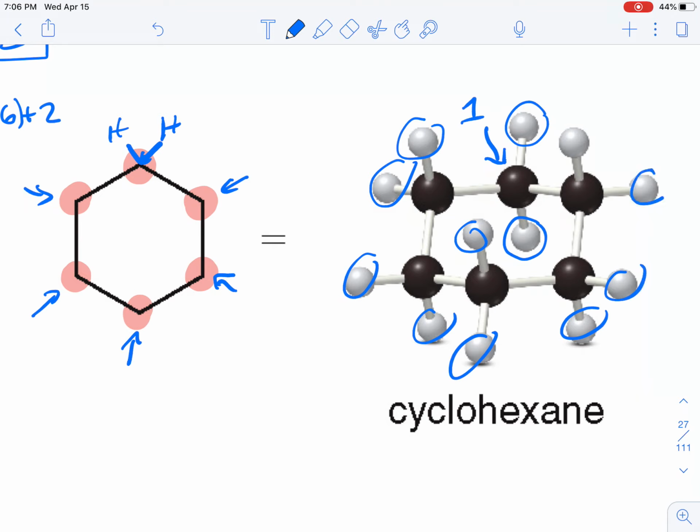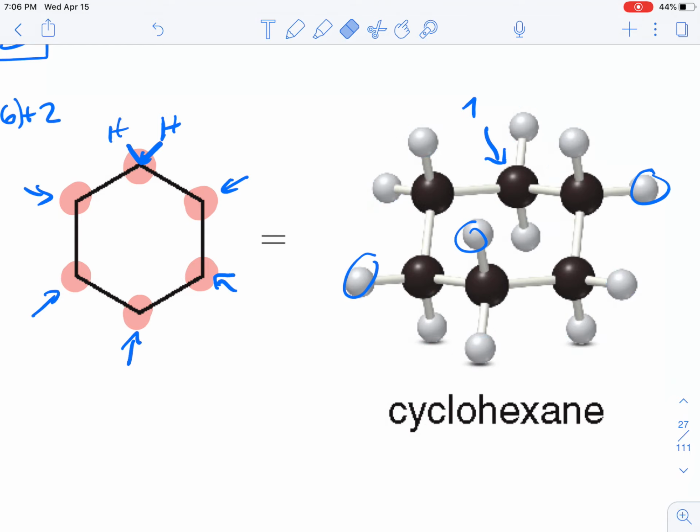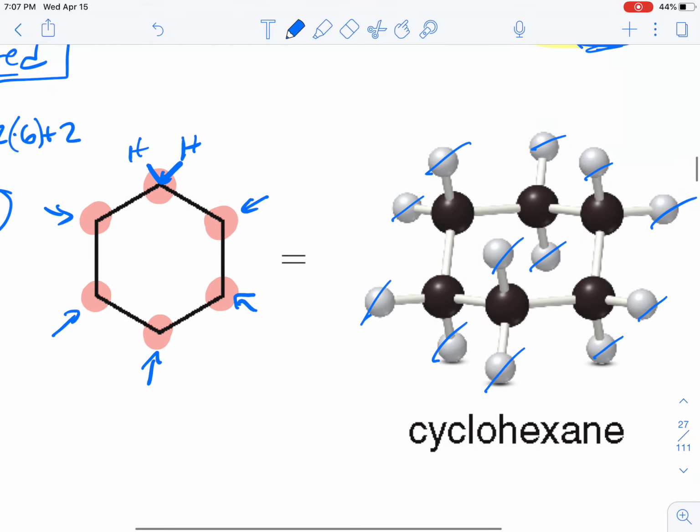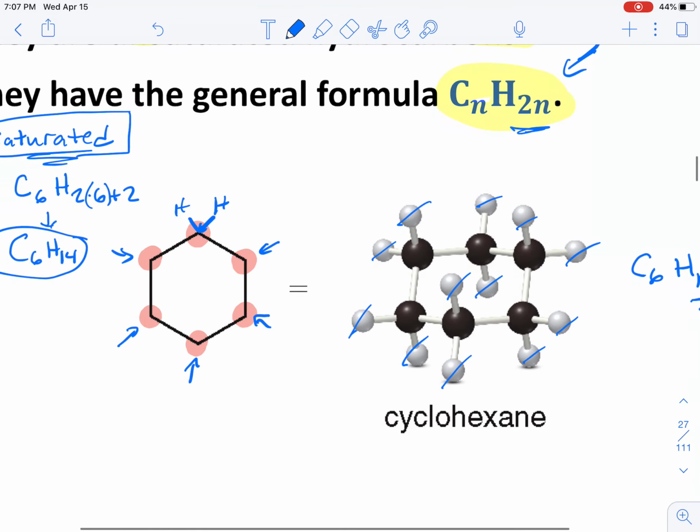Every single carbon has 2 hydrogens. However, when we're writing it in the skeletal structure format, we ignore all of those hydrogens. And when we're ignoring all those hydrogens, the only thing that we have left over is just the black spheres.